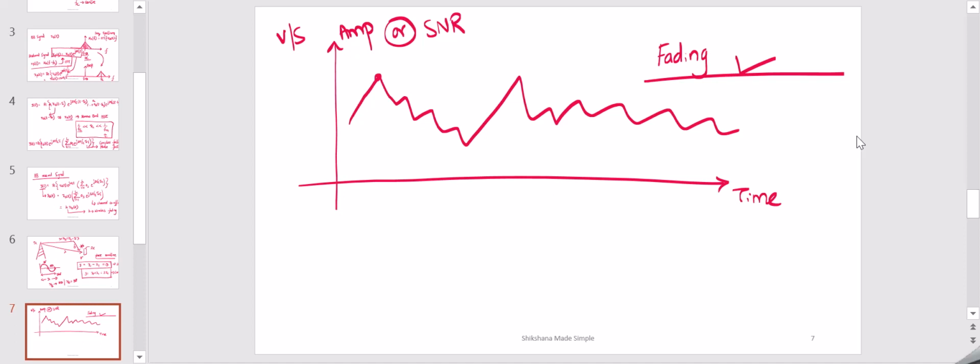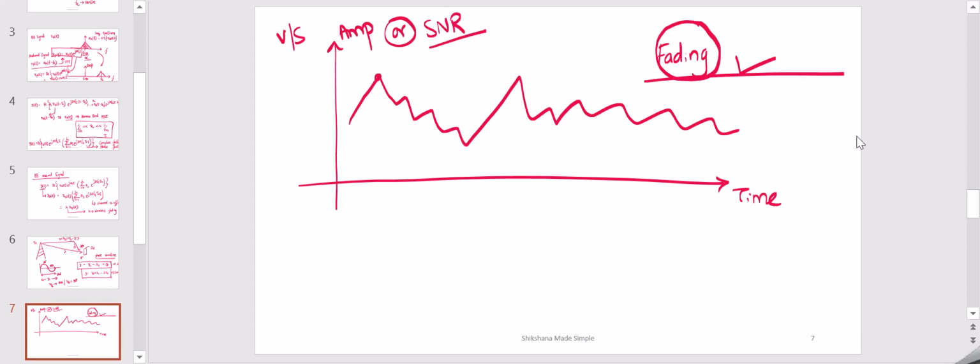So multipath fading, I want to summarize the definition once for all. Multipath fading is nothing but the signal at the receiver end undergoing a variation in the received SNR, which depends mainly on the multipath components, or which you can say depends on the phase of each multipath component.